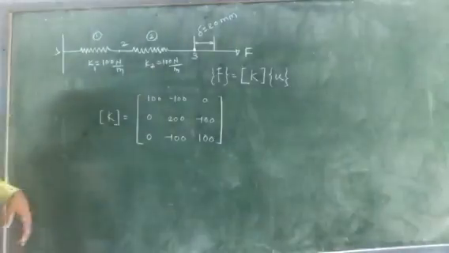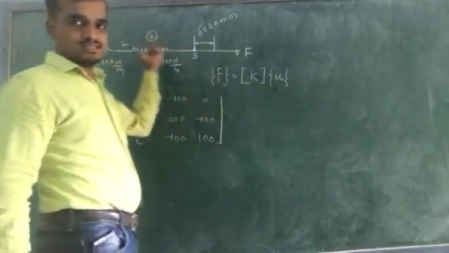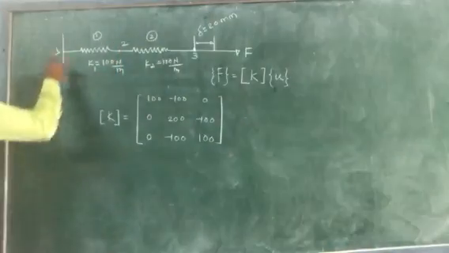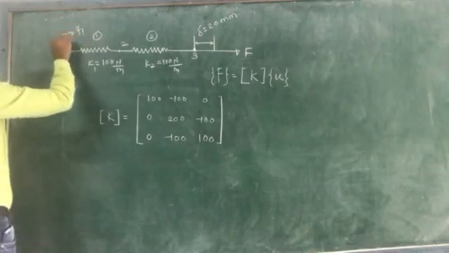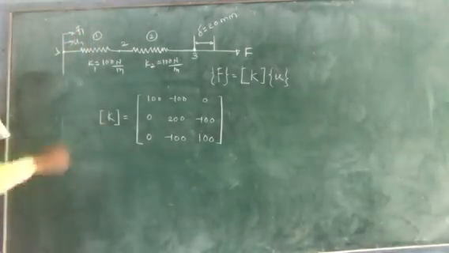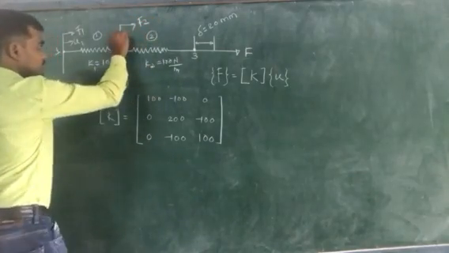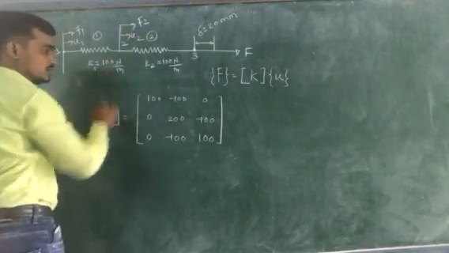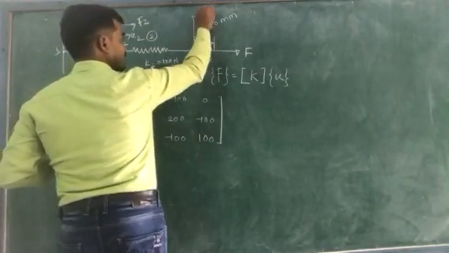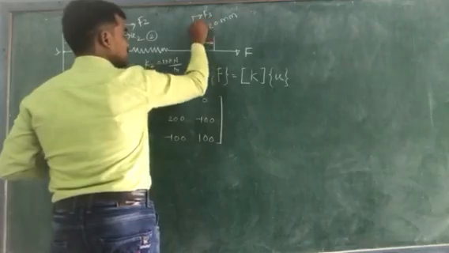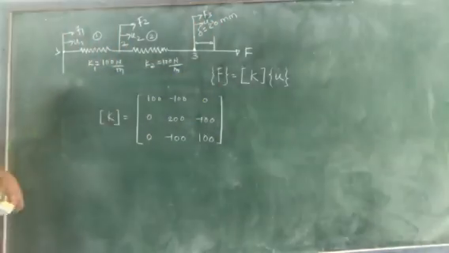Now we need to denote the nodal forces as well as nodal displacements over these nodes. First node: F1 is the nodal force and U1 is the nodal displacement. For second node, F2 is the nodal force and U2 is the nodal displacement. And for third node, F3 is the nodal force and U3 is the nodal displacement.